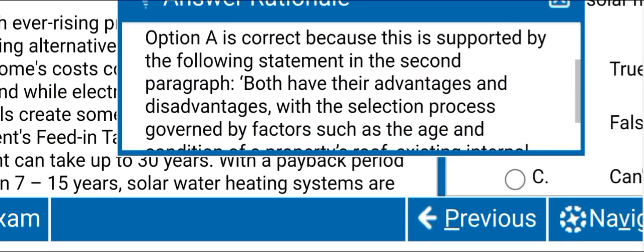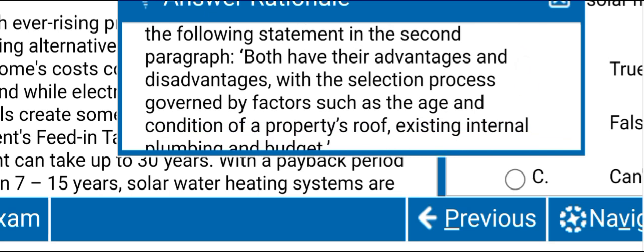So here we have option A is correct because this is supported by the following statement in the second paragraph. Both have their advantages and disadvantages, with the selection process governed by factors such as the age and condition of a property's roof, existing internal plumbing and budget.